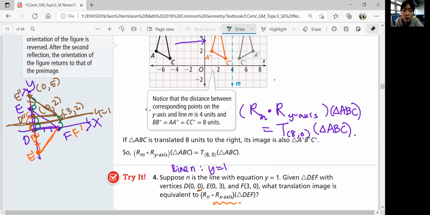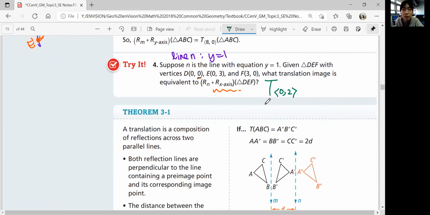No. So how can you write translation of 2 units up in geometric notation? T stands for translation. Bracket (0, 2) would represent no horizontal movement, but 2 units up movement.